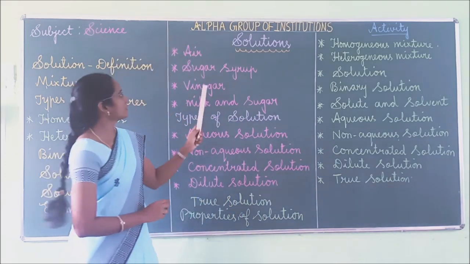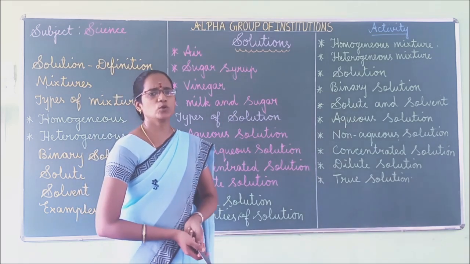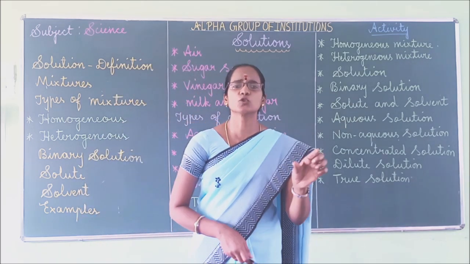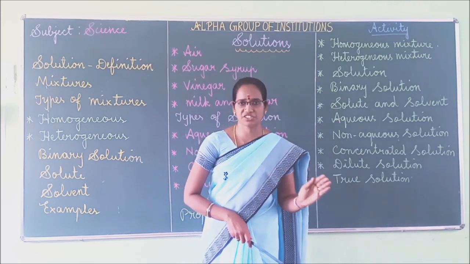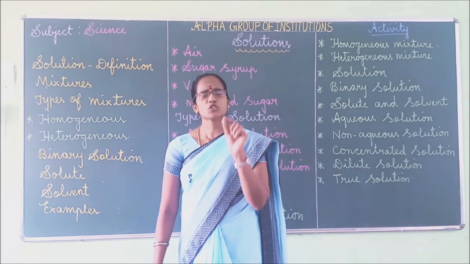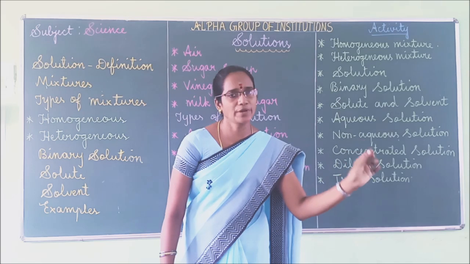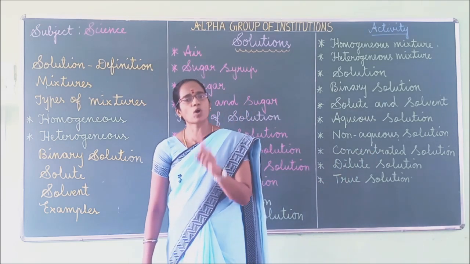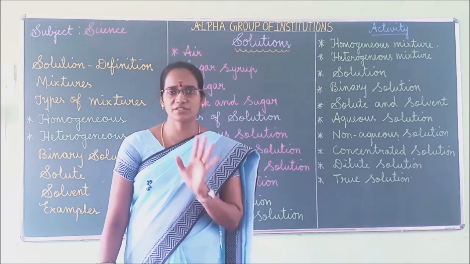Got it? Right. Next one, sugar syrup. In sugar syrup solution, you know very well, sugar is dissolved in water by applying heat, isn't it? Here in this sugar syrup solution, sugar acts as a solute because it is present in minimum amount, whereas water acts as a solvent because water is present in larger amount.